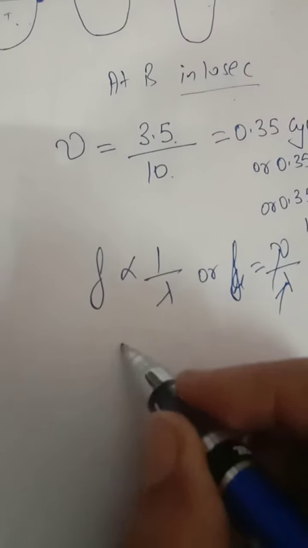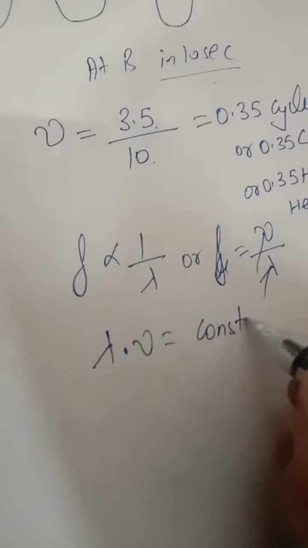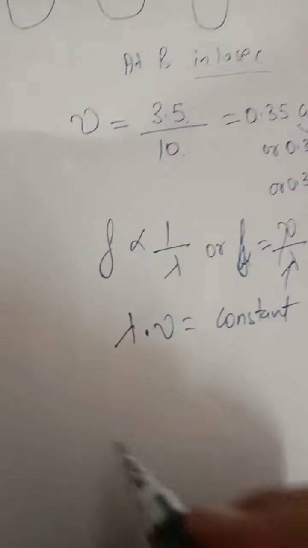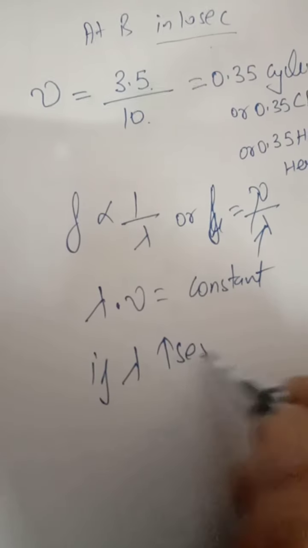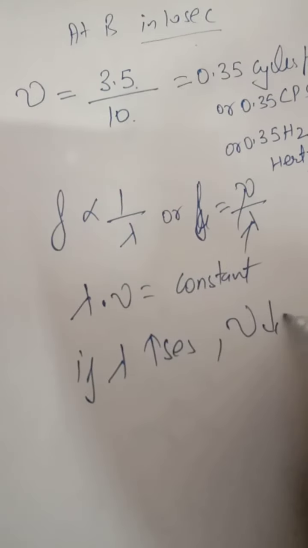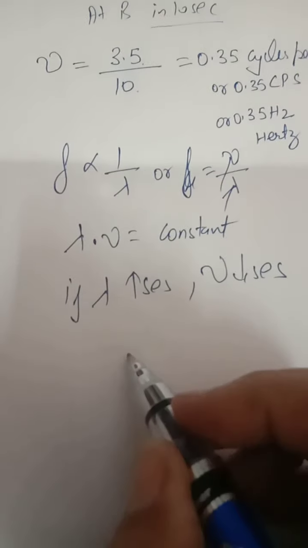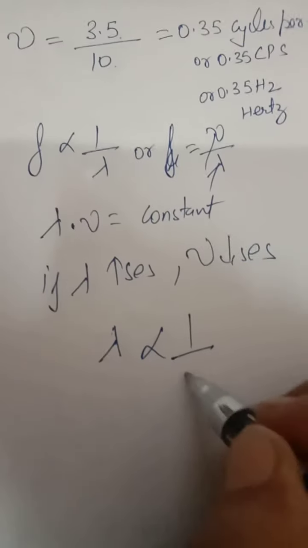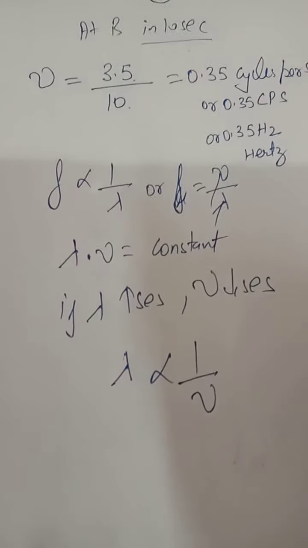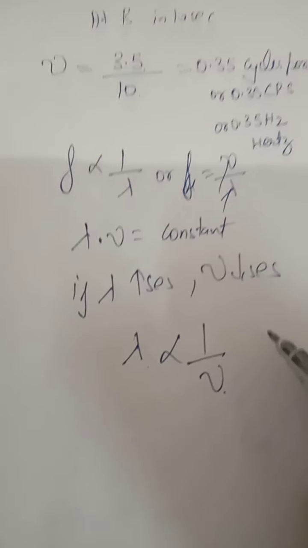For any wave, lambda into frequency is equal to a constant. It means if lambda increases, frequency decreases. They both have an inverse relationship with one another. Lambda is inversely proportional to nu. It means if wavelength is more, frequency is less, and vice versa.